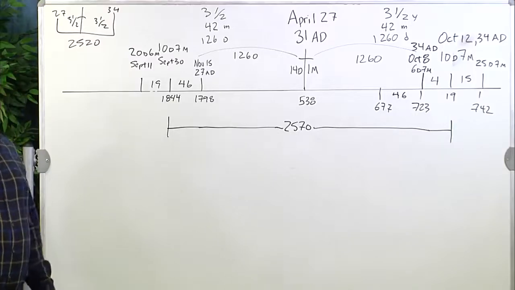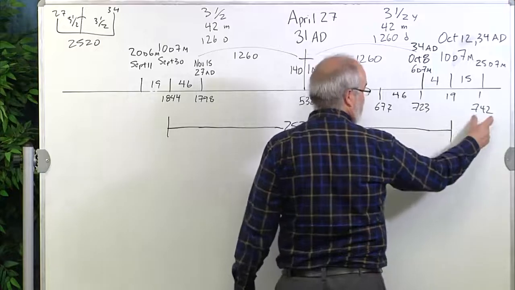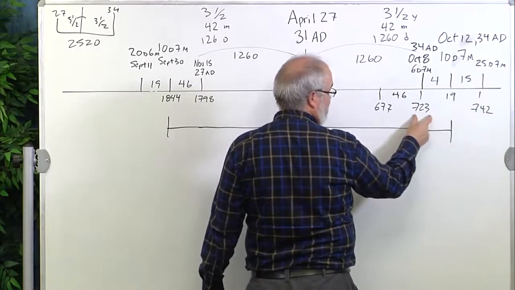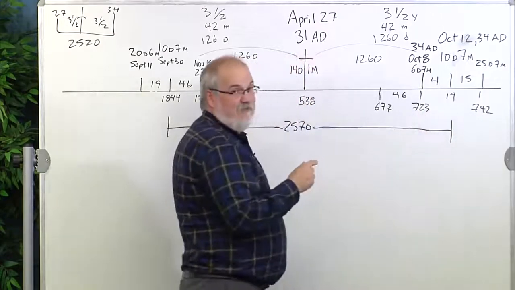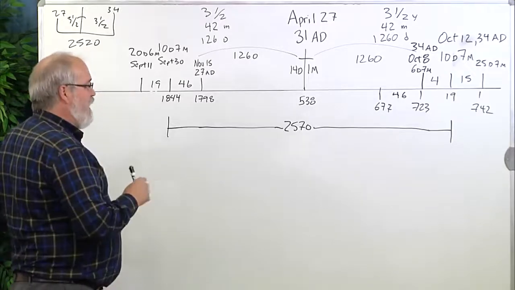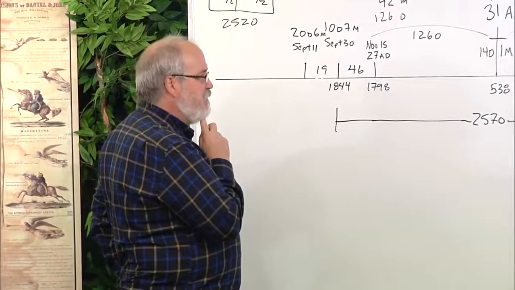So we're not counting whole years. Like, we're not counting 742 as the first year and this as the 19th year, because if this is the first year, this would be the 20th year. Does that make sense? So I had to struggle with this idea of how I was going to do it.